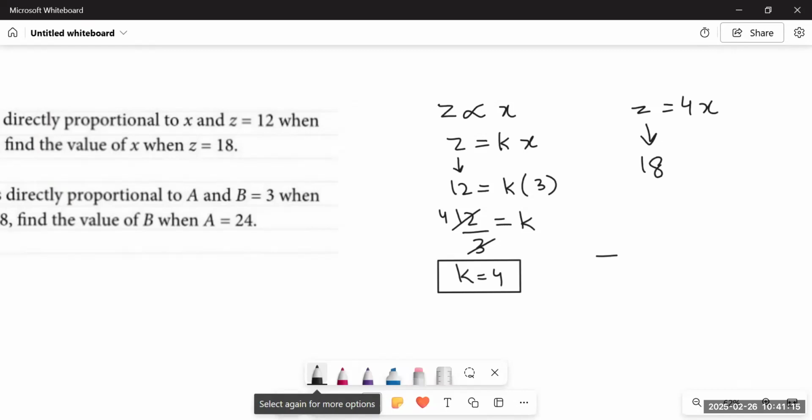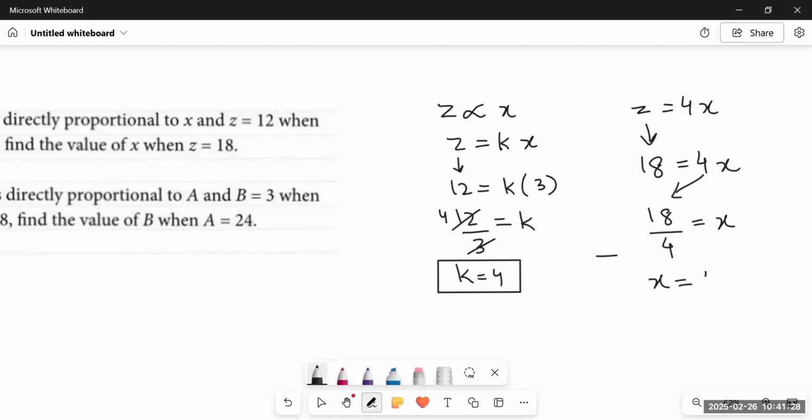Since the value of z is given, then we will write 4x. And next, I'm going to divide 18 with 4. So the answer to this would be 4 4s are 16 point and then 4 5s are 20. It means the value of x would be 4.5.